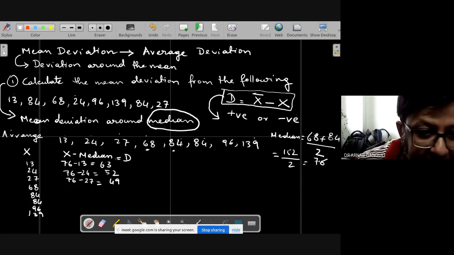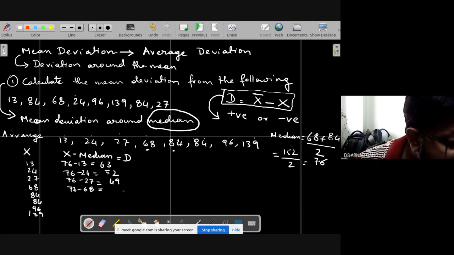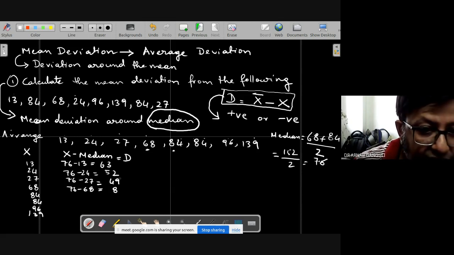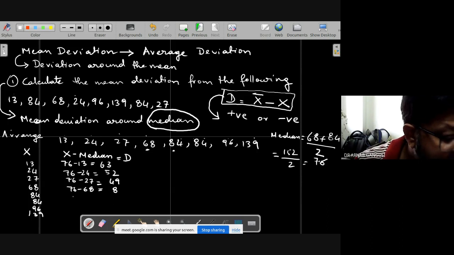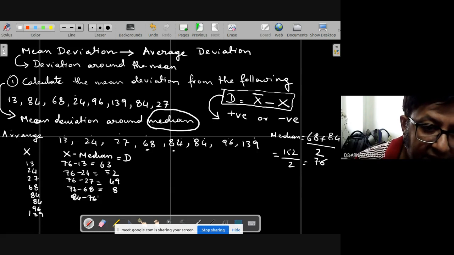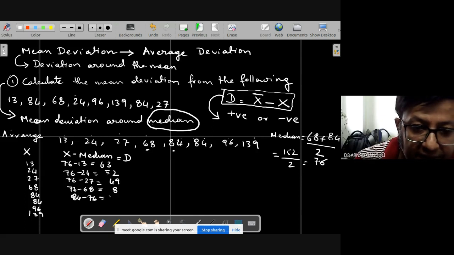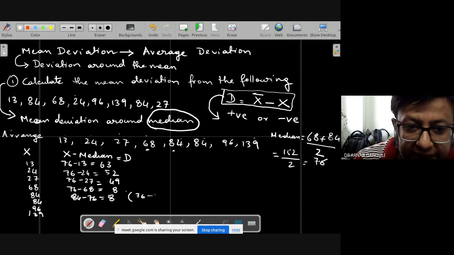Then 76 minus 68 is equal to 8. 84 minus 76, এখানে উল্টোটা করছি আমি, is equal to 8 actually. Basically, normally what you could have put is 76 minus 84. This will be equal to minus 8.